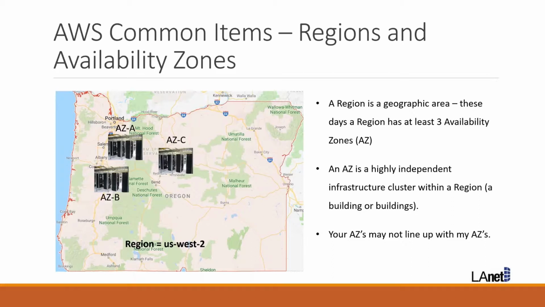And each AZ could be a single building or it could be a few buildings. But what you'll find is between the different AZs, they're highly independent of one another. So separate power, separate fiber paths, separate telco services, all sorts of things like that. So that if any AZ goes down, the region is still fully functioning, with the exception of if there was any resources that were in a single AZ, right?